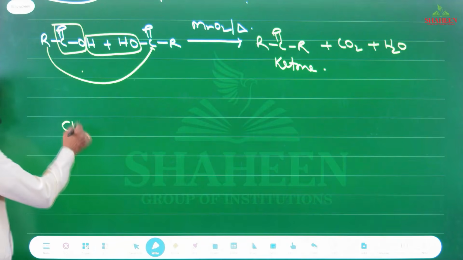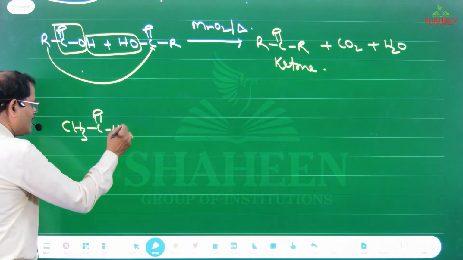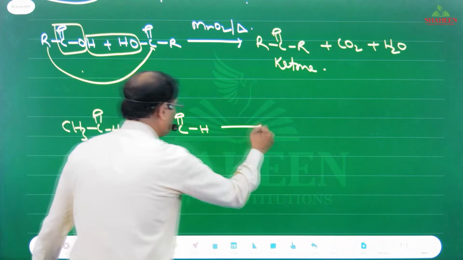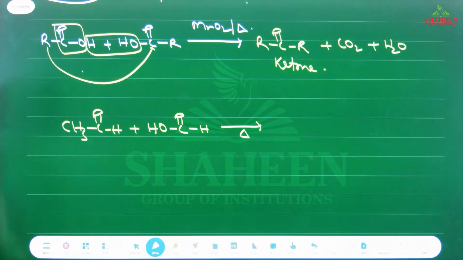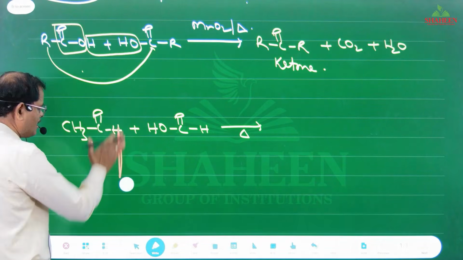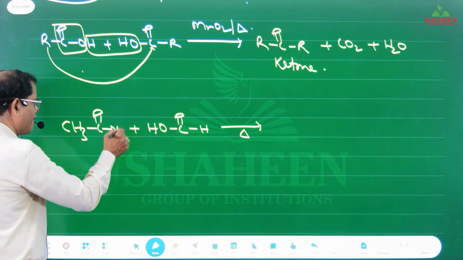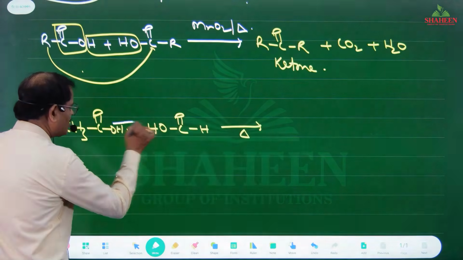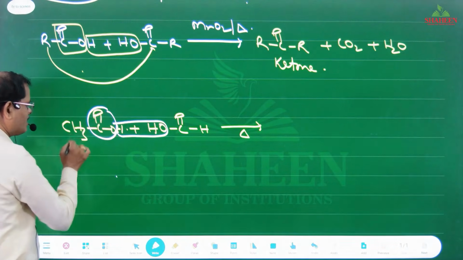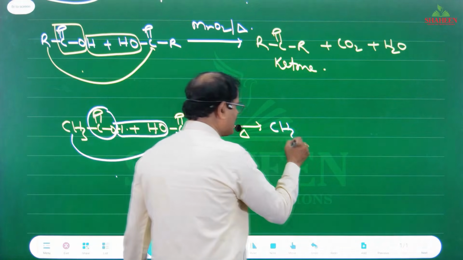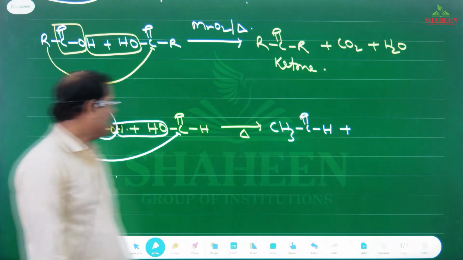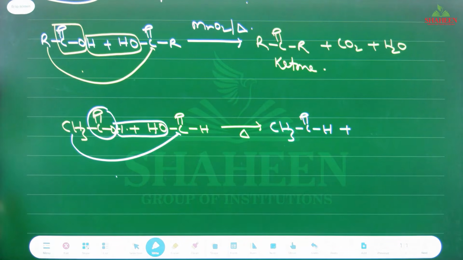For example, acetic acid plus formic acid on heating, dry distillation. From here water, from here water and carbon dioxide. The methyl group is here, so acetaldehyde is the product. Whatever carboxylic acid we take along with formic acid, that aldehyde we can get. Acetic acid gives acetaldehyde.